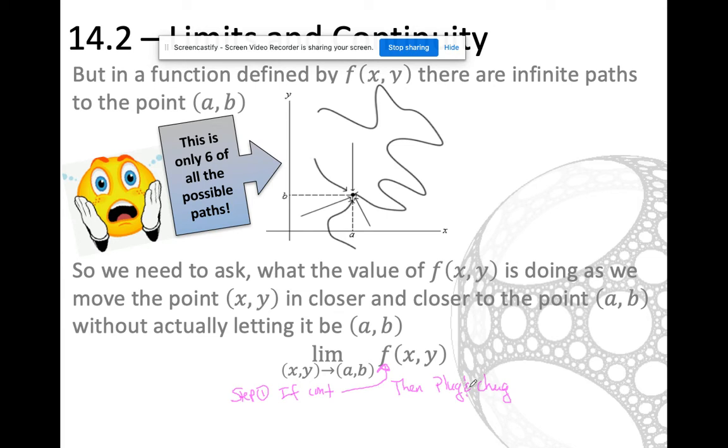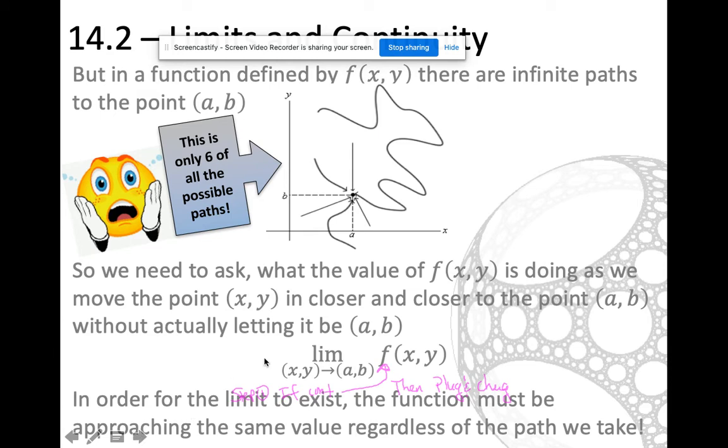You're just investigating and looking at the function overall, kind of like looking at the domain. But if you do have continuity, when I ask you to evaluate the limit, you plug in a for x, b for y, and be done. In order for the overall limit to exist, though, all the paths have to have the same value.